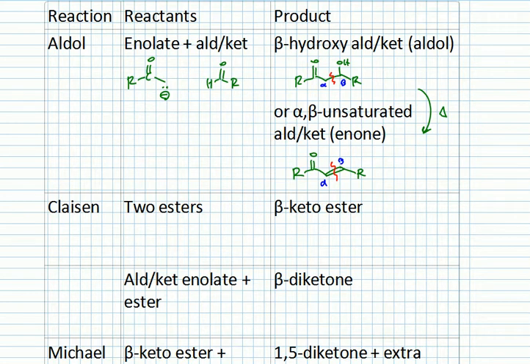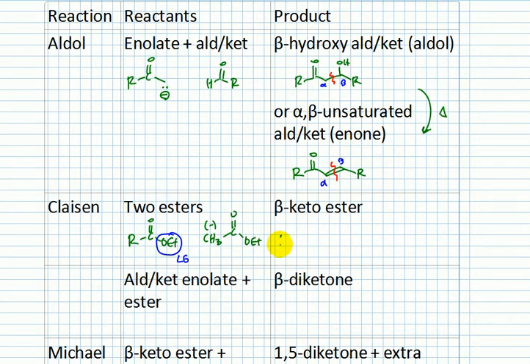For the Claisen reaction, we can imagine having two esters be the reactants. So R C double bond O, OEt, for instance, CH3, C double bond O, OEt. To do that, remember the enolate will add, and then that will kick off the ester leaving group of the electrophile, and that will regenerate a carbonyl.